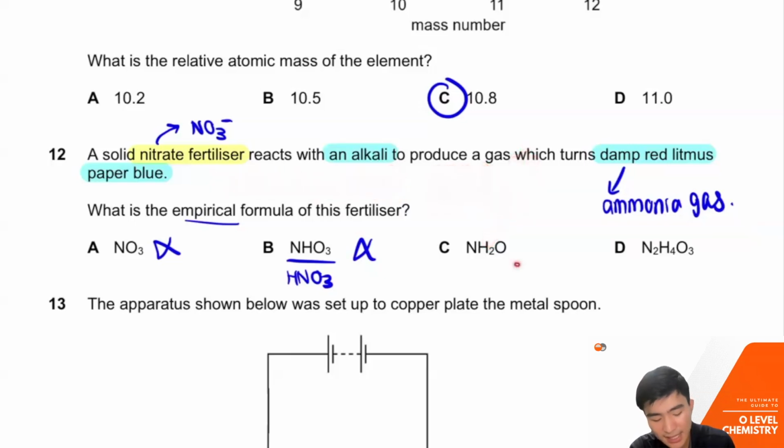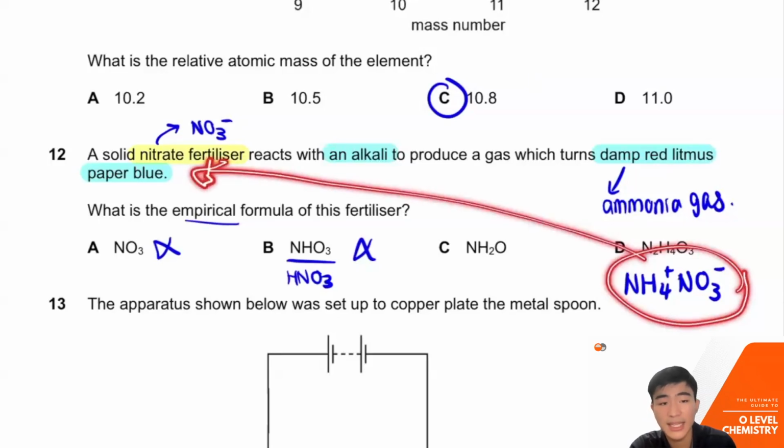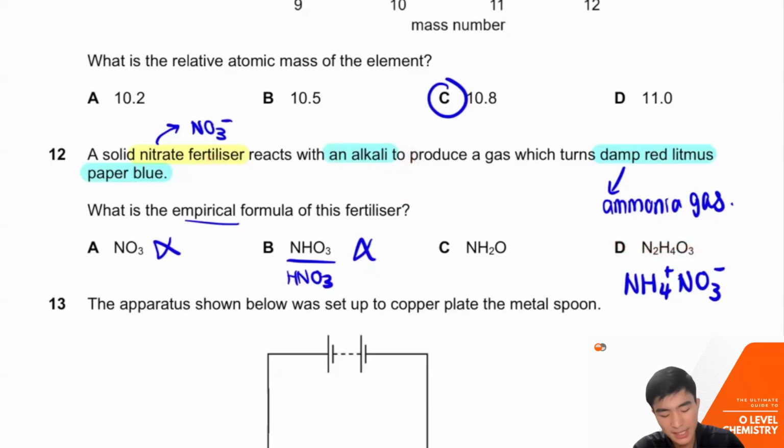In this case, NH2O doesn't have 4 hydrogen, so cannot. This one has. So this is NH4 plus. What is remaining? NO3 minus. Can you see? This is ammonium nitrate. Ammonium nitrate fits the bill. It forms a solid nitrate salt, which reacts with alkali to form ammonia gas. So option D is the answer.